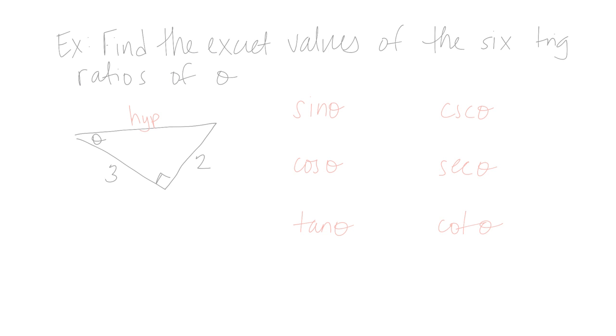So, a squared plus b squared equals c squared. So I'm going to have 2 squared plus 3 squared equals c squared. That's going to be 4 plus 9 equals c squared. That's going to be 13 equals c squared. So square root of 13 equals c.